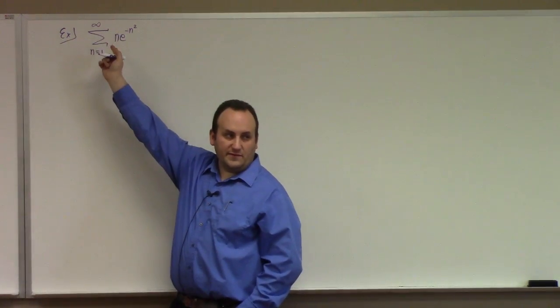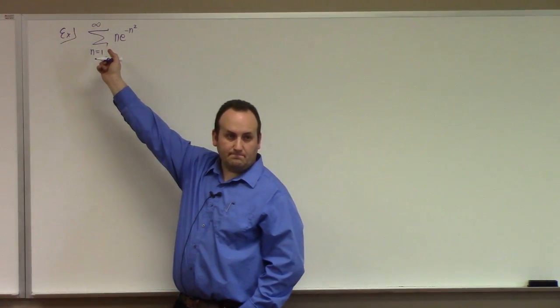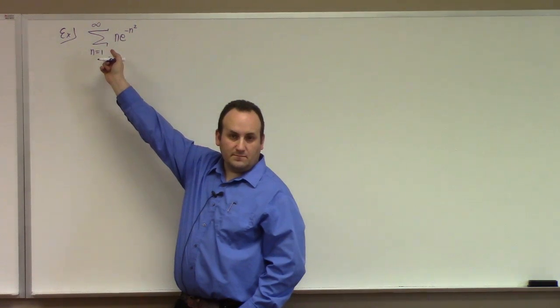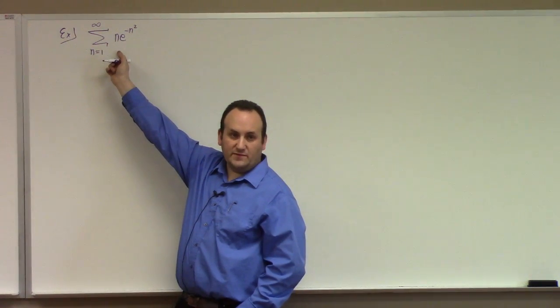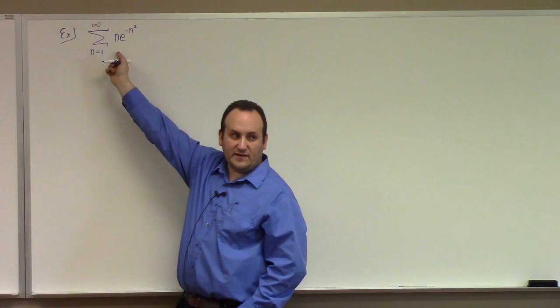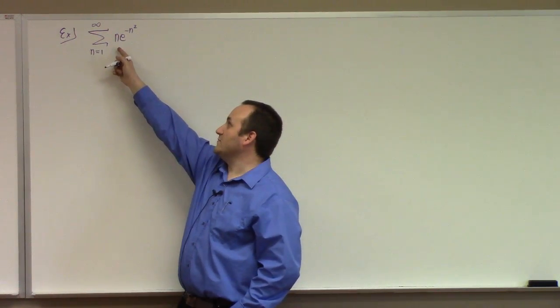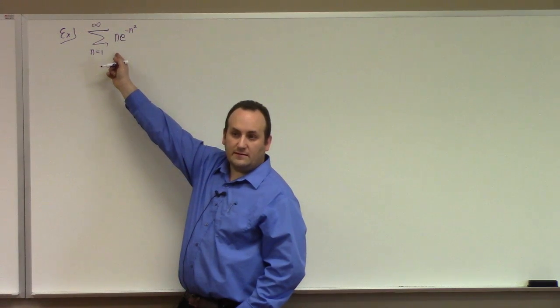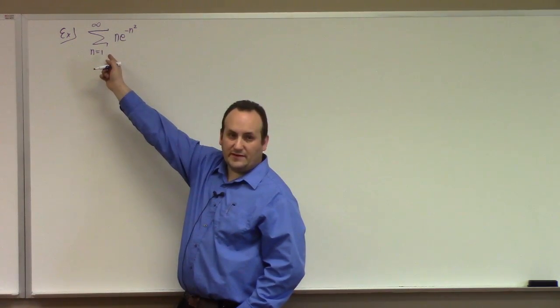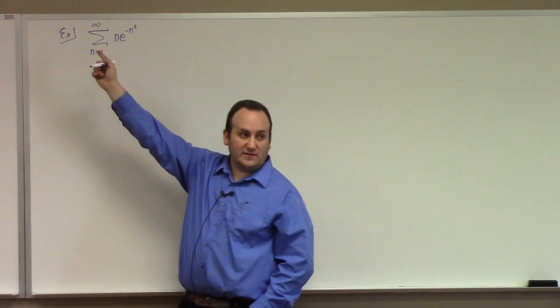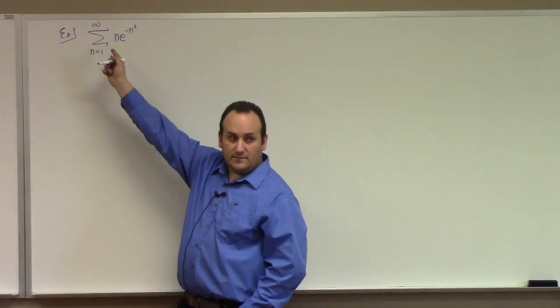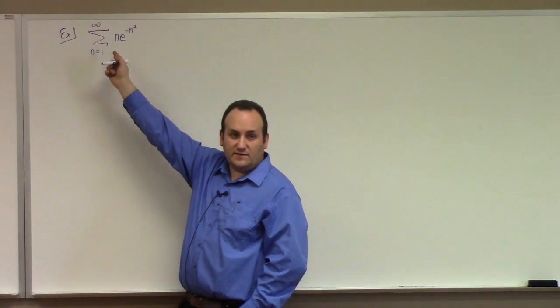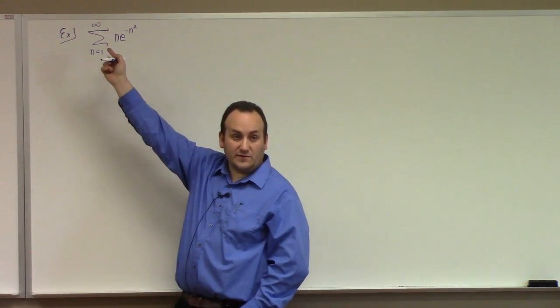You could show this converges by the integral test. You'd make a u substitution, u equals minus x squared. Think about f of x equal to x e to the minus x squared. The antiderivative is minus a half times e to the minus x squared, and that behaves well as x goes to infinity. This converges because the corresponding integral converges.